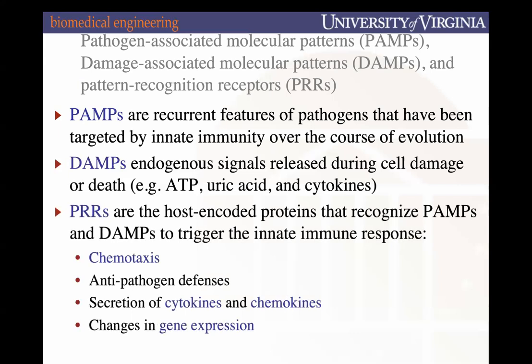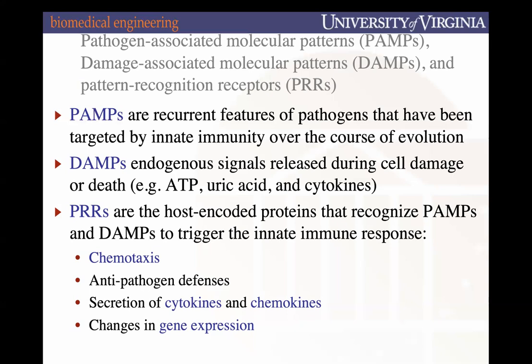And the pattern recognition receptors are, again, these host-encoded proteins that recognize PAMPs and DAMPs to trigger an innate immune response from cells. Some of these pattern recognition receptors will recognize factors that promote chemotaxis. Chemotaxis is chemical-mediated movement. Cells are migrating towards some sort of chemoattractant.